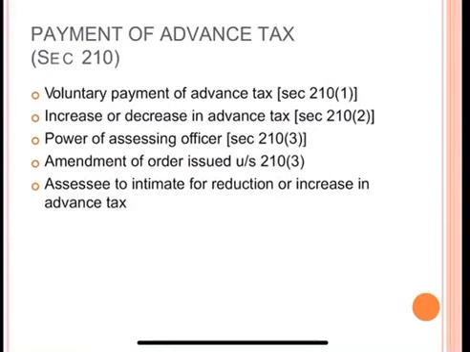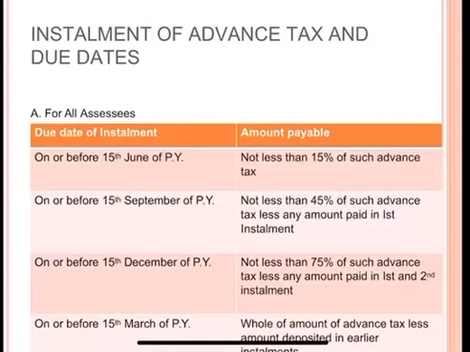For example, let's suppose the estimated tax liability for the previous year is 5 lakh. So for the advance tax first installment, 15% of 5 lakh is 75,000, which the assessee will have to deposit before 15 June. And on 15 September, if we calculate again on 5 lakh, now we have to calculate 40%. 40% of 5 lakh is 2,00,000, minus the 75,000 already paid in the first installment, so the resultant figure of 1,25,000 he will have to pay.